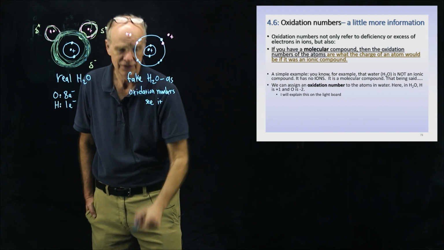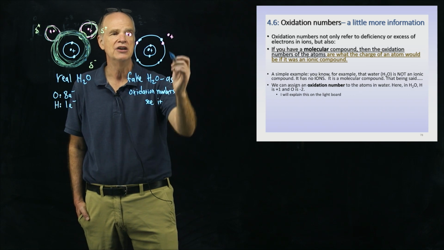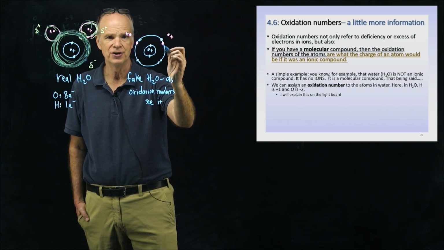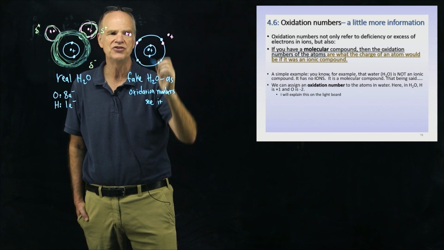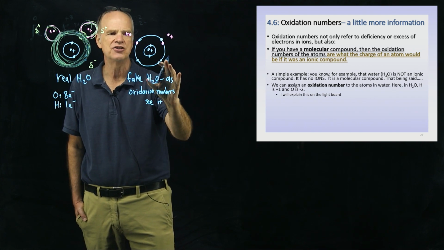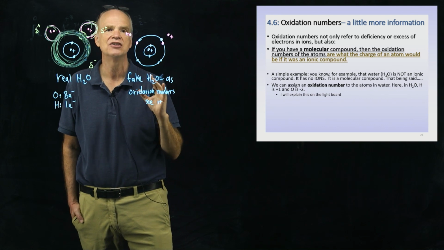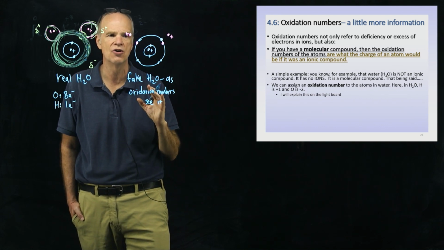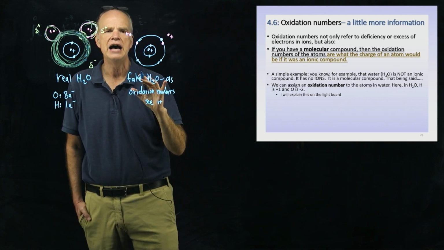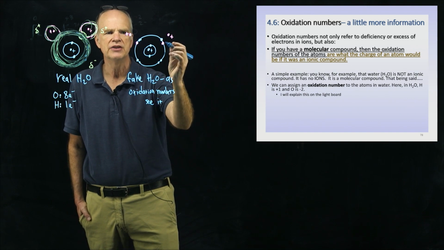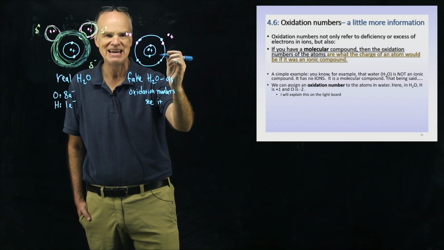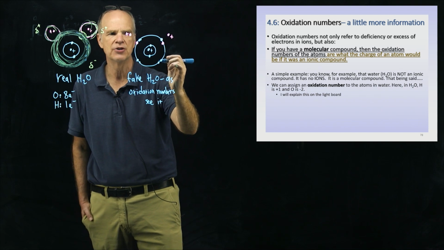So you can sort of see, for this reason, because there is transfer of an electron from each of these hydrogens to oxygen, oxygen, which had 8 electrons, now in this picture has 10 electrons. It has 2 more electrons than normal. So now in this picture, you can see that the oxygen atom has gained 2 electrons from the hydrogens.